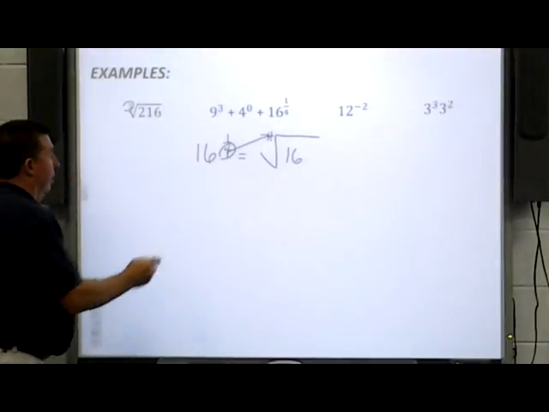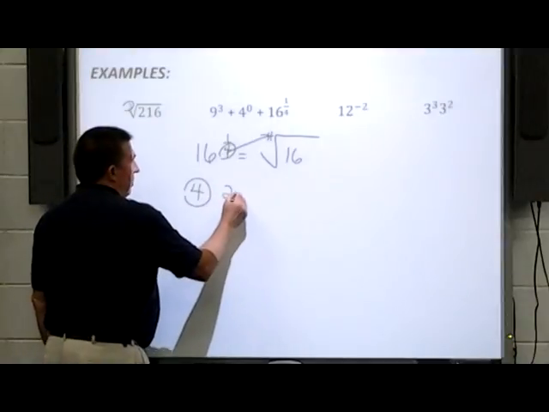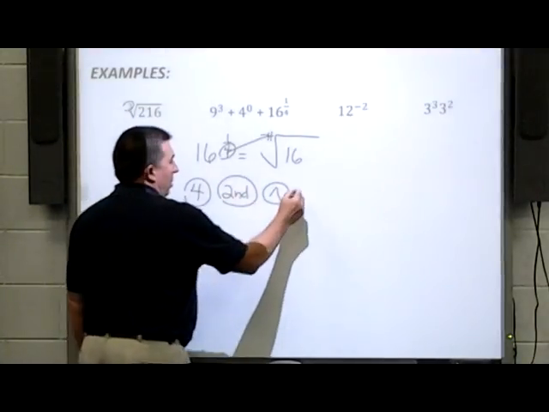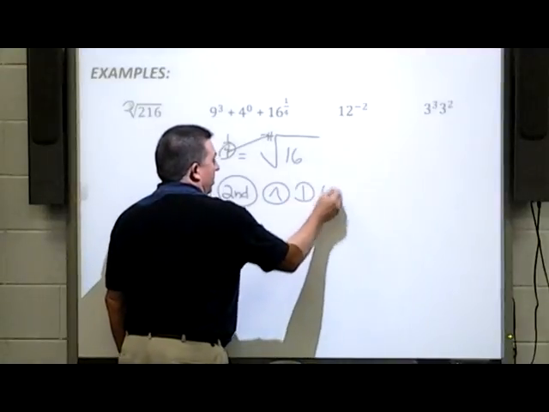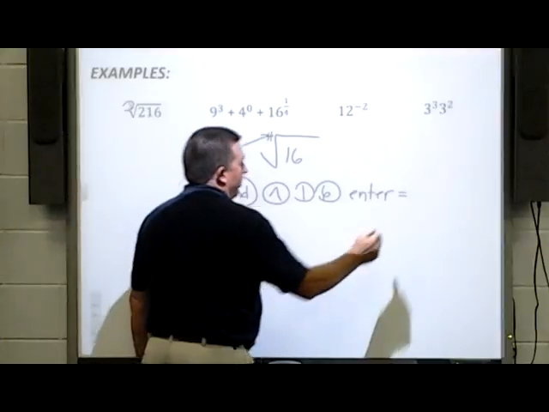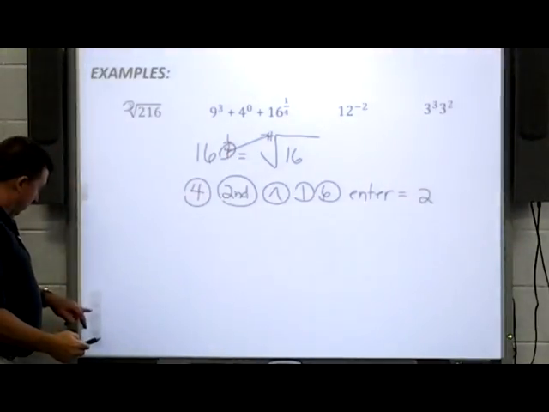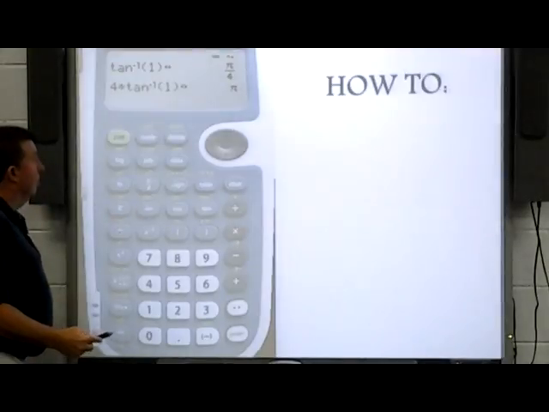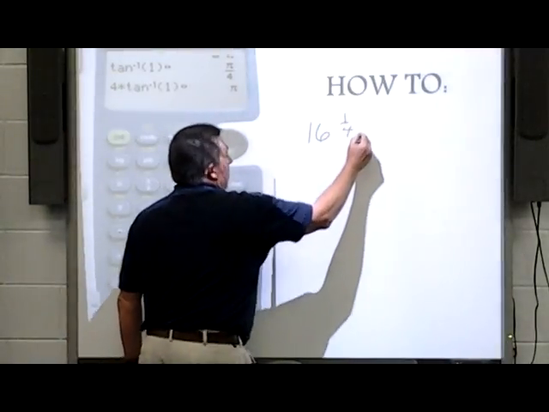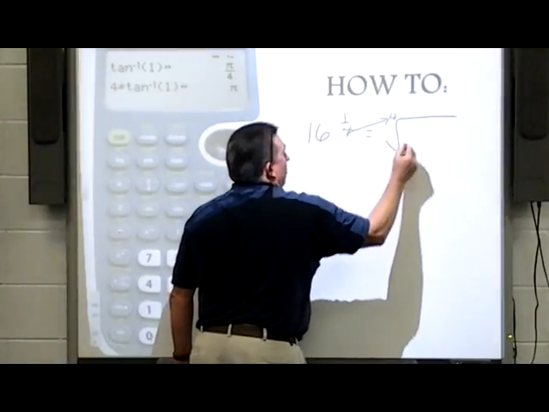To do that on the calculator, I'm going to hit the 4, I'm going to hit the second button, I'm going to hit that upside down V, I'm going to hit the 1 and the 6, I'm going to hit enter, and that's going to tell me that is 2.